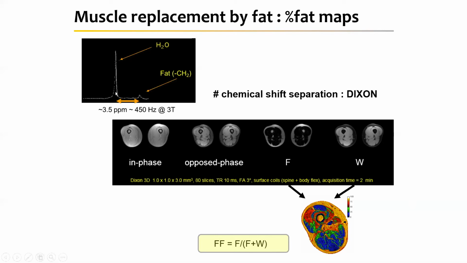Water has a resonance frequency that is different from the fat, the methylene resonance, and this allows us to reconstruct images that are specifically from fat and water, and then to recombine them to a fat fraction. So here, the signal intensity in the image is not arbitrary anymore. It's really a measurement of the degree of fat infiltration.